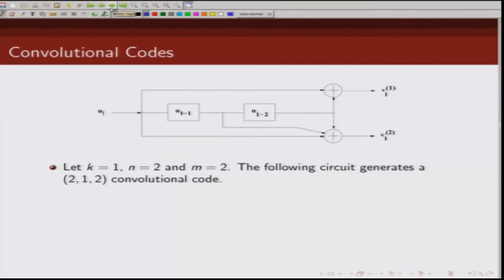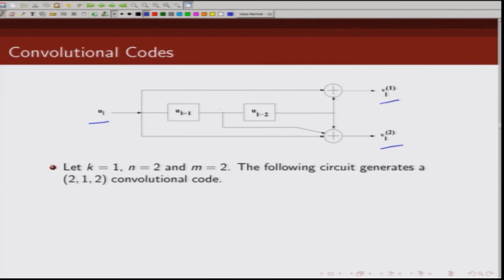So, let us take an example now of a convolutional code. Here we have one input and two outputs. The input we are denoting by u of l, output we are denoting by v of l1, v of l2. Now, note here, each of the outputs here not only depends on the current input, which is u l, but it also depends on these past values.